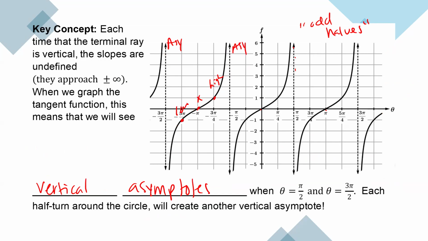Asymptote, low, x-intercept, high, asymptote. Asymptote, low, x-intercept, high, keeps going. Okay, your low and high points are going to take place at -1 and 1. Do you see that? So our low and high for our parent function takes place at y equals -1 and y equals 1.